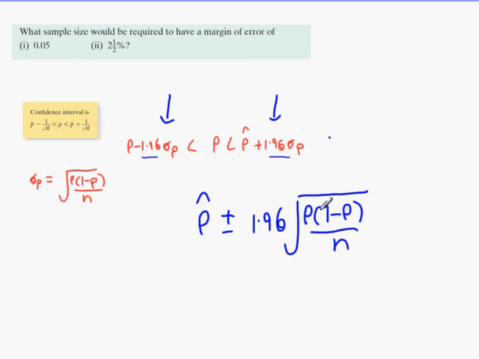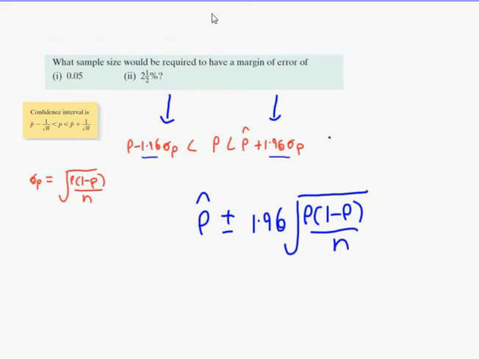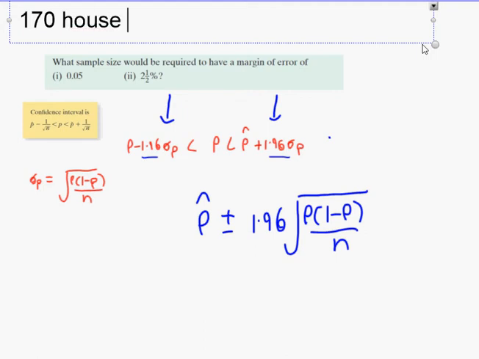Now, what I can do next is modify this question, just to give you a bit of wording here. I'll just do the one they have here. 170 house owners out of 250 own one pet.